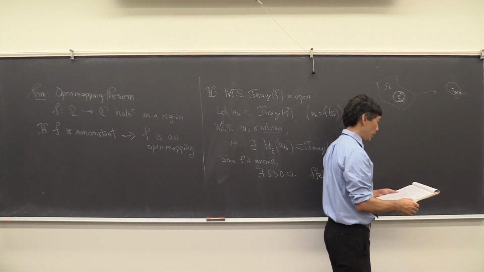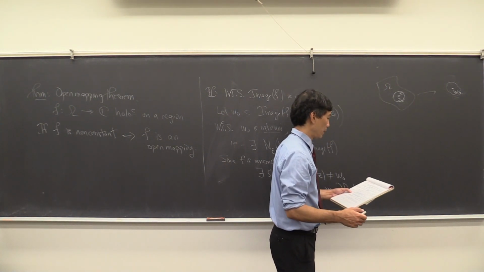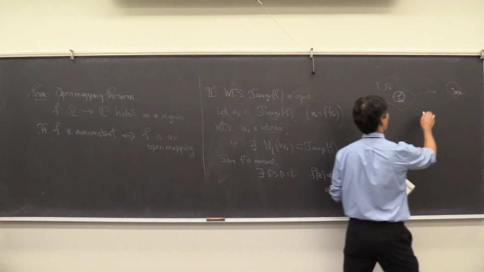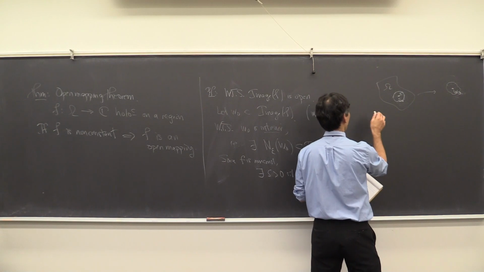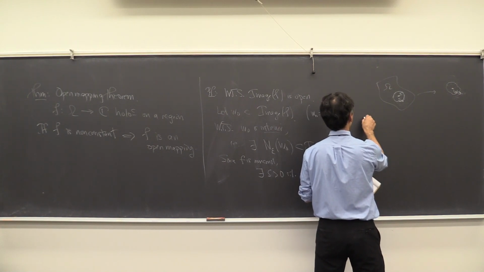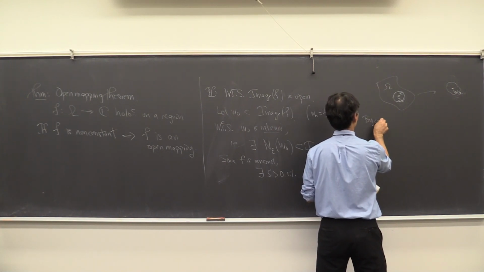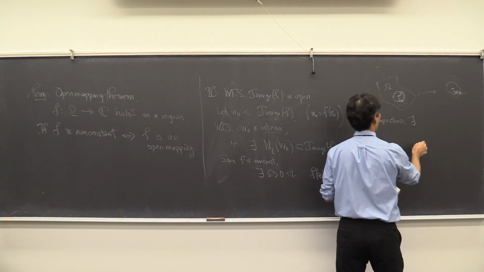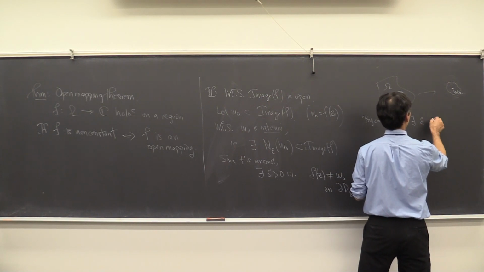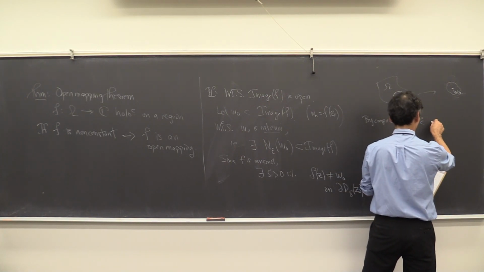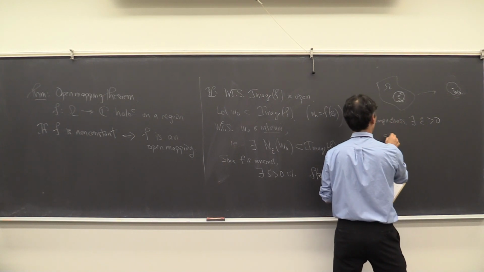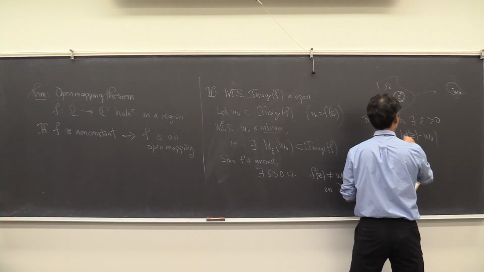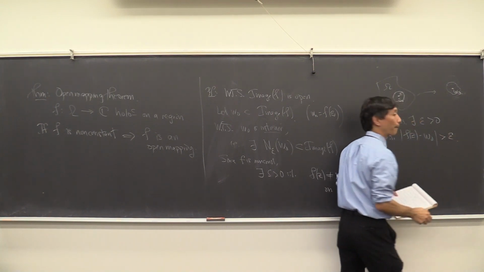Okay, so there's some one. We know that, by compactness, there exists some epsilon such that the distance of the image from W naught is always bigger than epsilon.